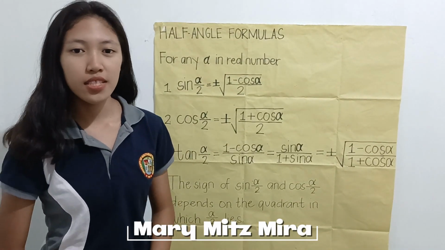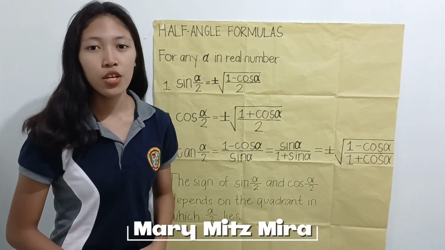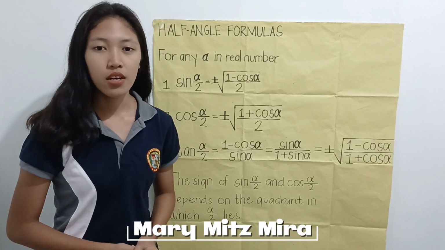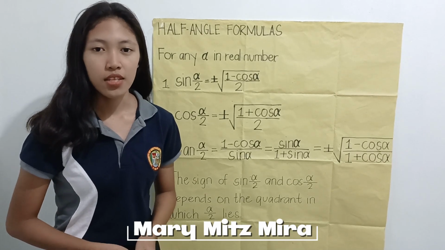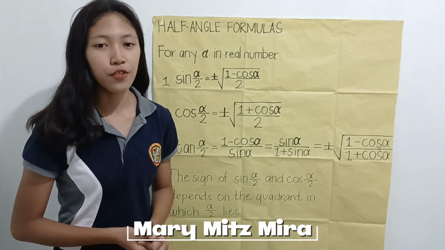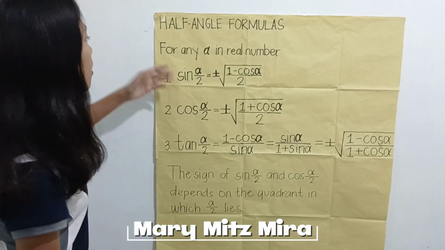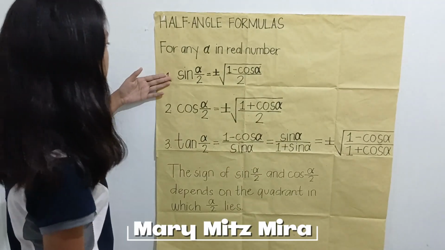So half-angle identities are trigonometric formulas used to find the exact sine, cosine, or tangent of an angle that is half of a known angle, derived from double angle formulas. So these are the formulas of the half-angle identities.